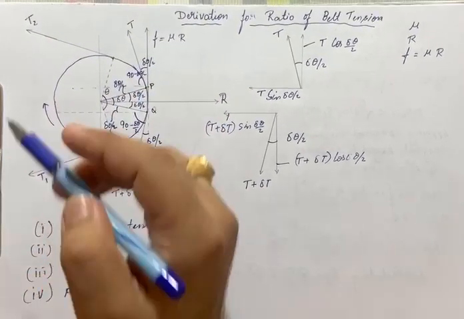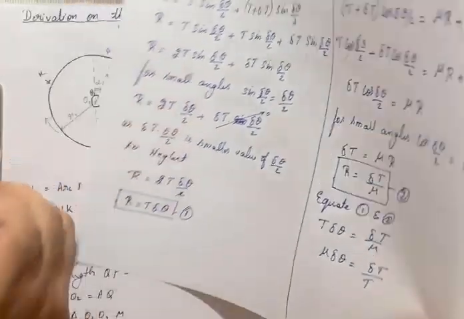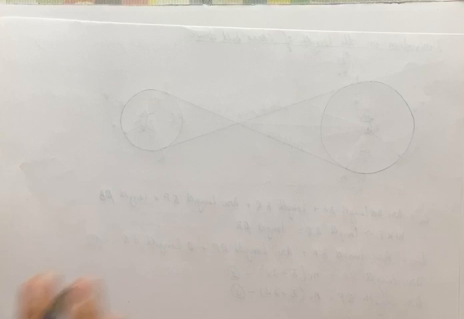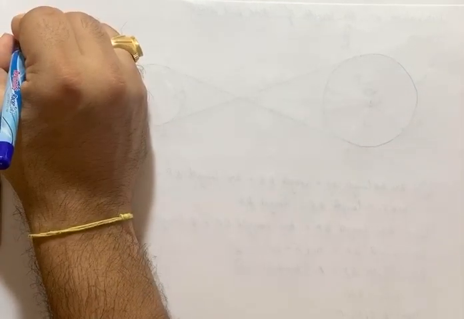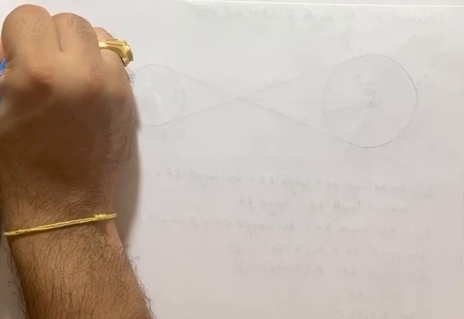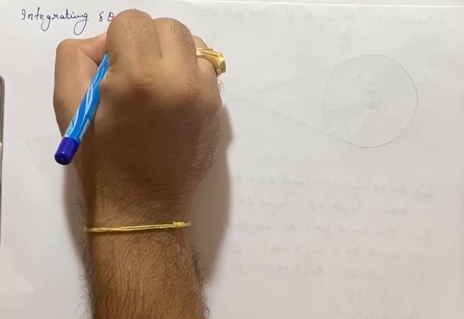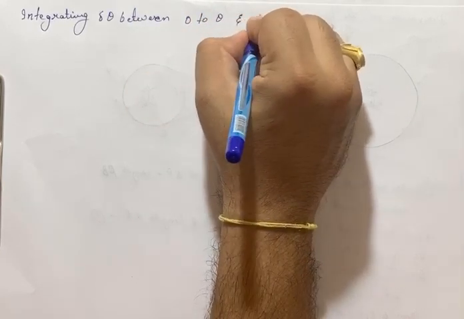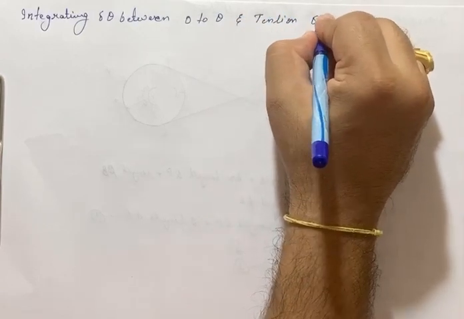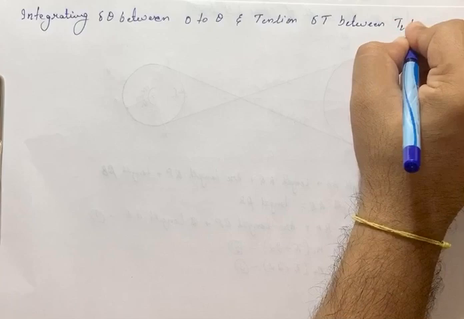So always lower limit to upper limit. Now what I need to do is integrate the given equation, integrating delta theta between 0 to theta and tension delta T between T2 to T1.